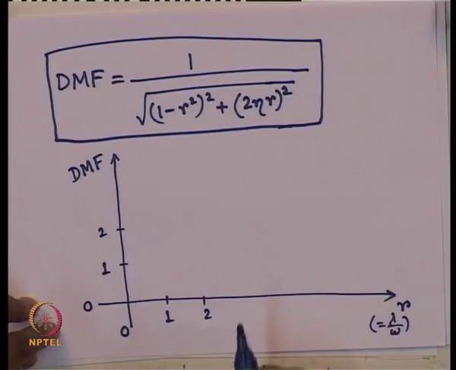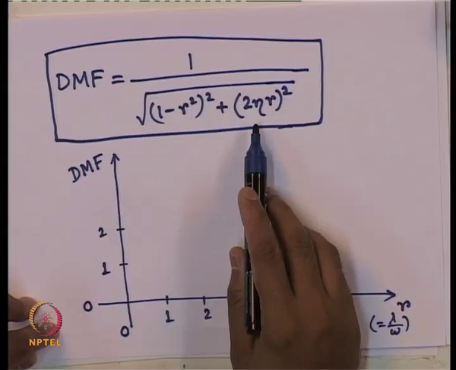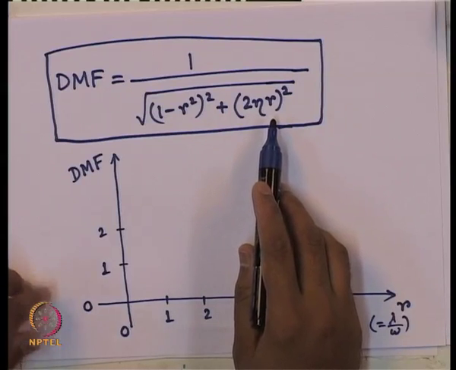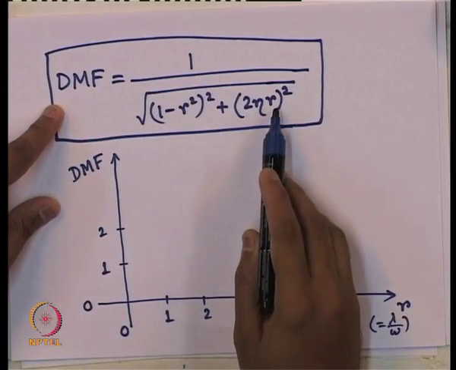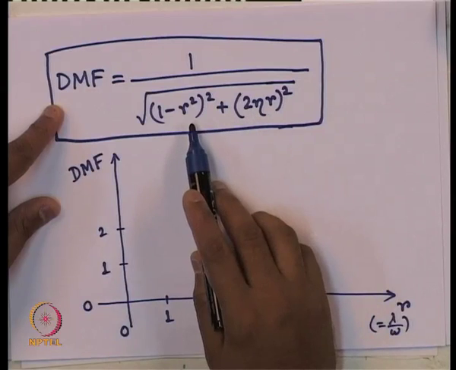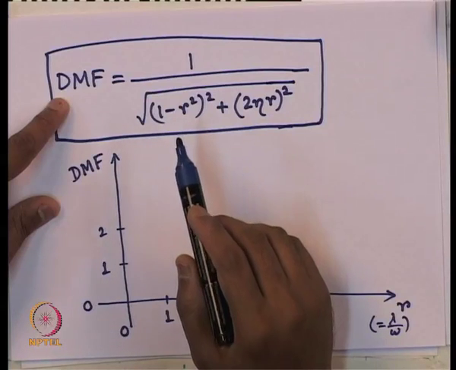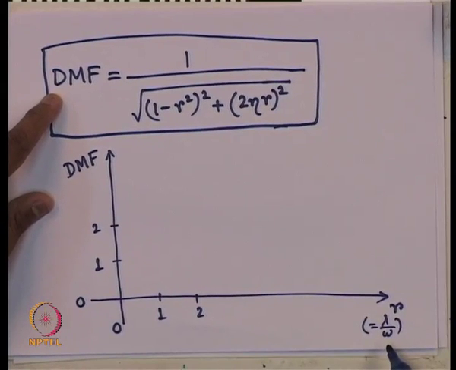If we take an undamped condition, that is eta equals 0, when the value of frequency ratio r equals 0, what is the value of dynamic magnification factor? When r is 0, eta is 0, the dynamic magnification factor is 1. What does it mean? When r is 0, when can it happen? Omega cannot be 0. As I said, the natural frequency of the system cannot be 0.